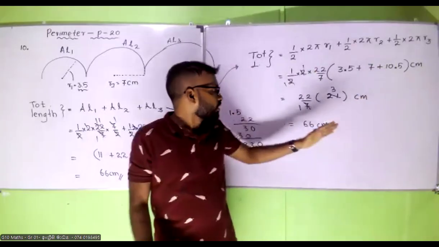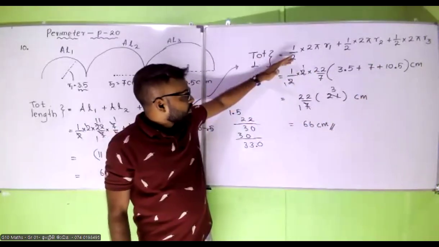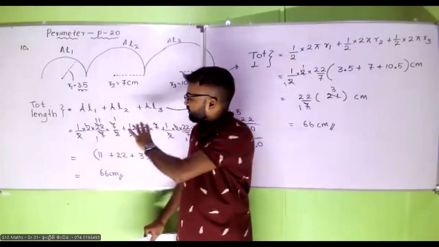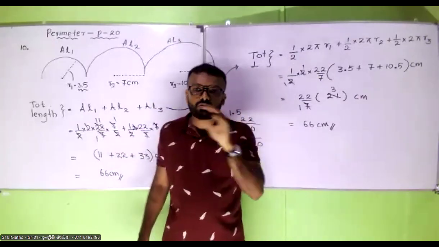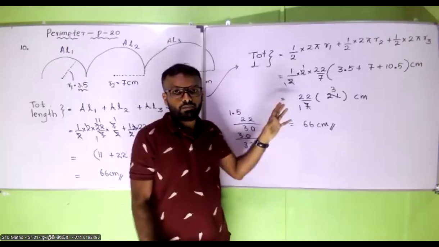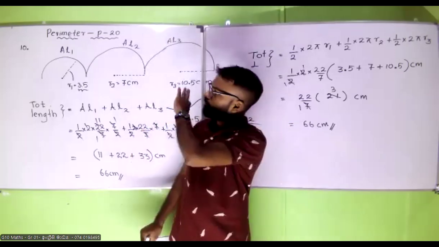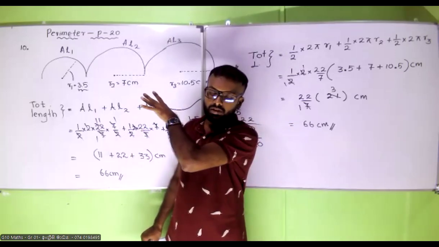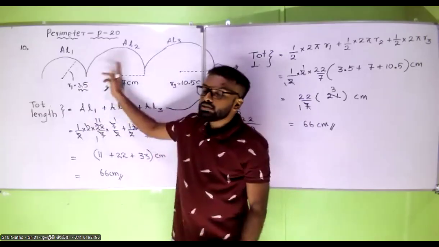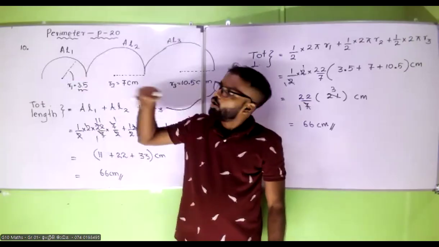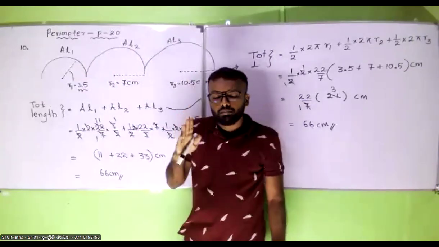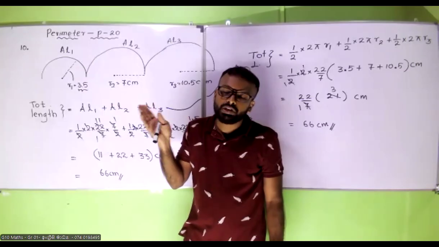So this is the second method and this is the first method. It is up to you to decide whether you are using this one or this one for these kind of questions. By looking at this, you need to identify this is arc length, and all of the arcs are same half circles.